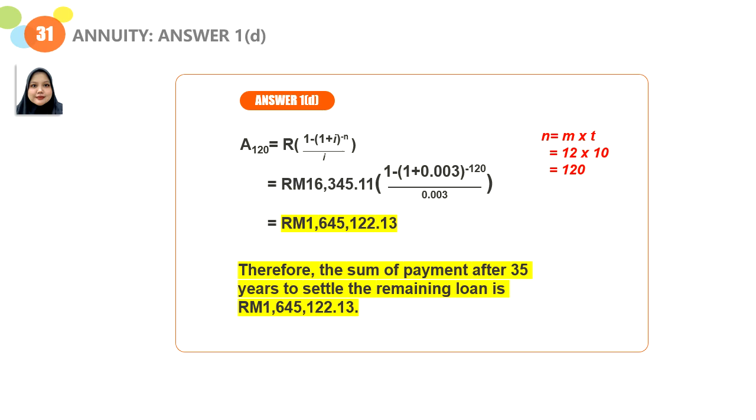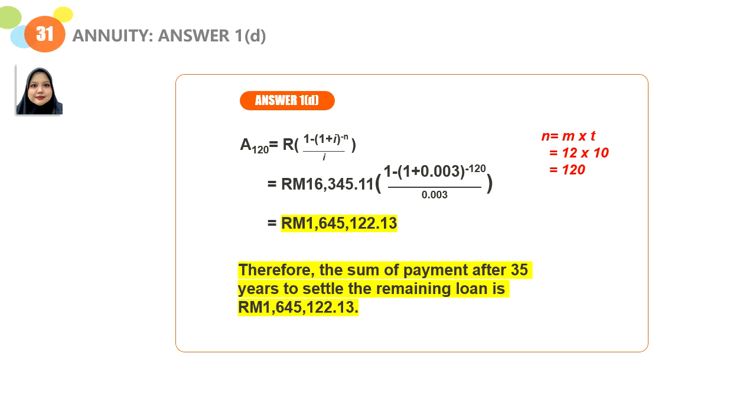To find the remaining number of payments, we multiply M, which is 12, by T, the remaining term of 10 years, giving us a total of 120 payments. The monthly payment R remains 16,345 ringgit and 11 cents, and the monthly interest rate I is 0.003.